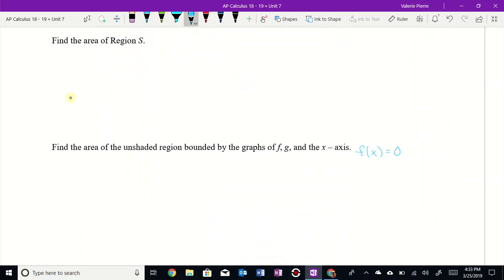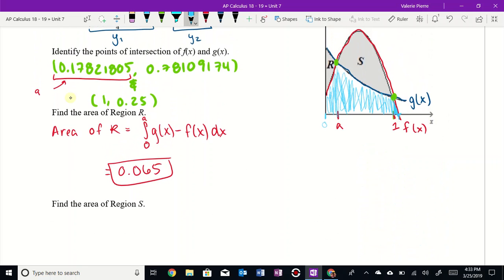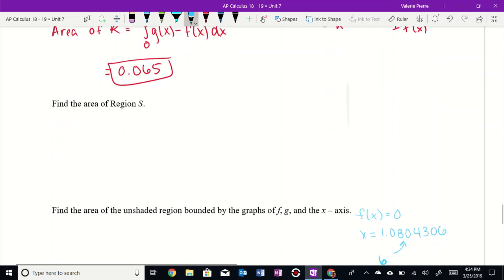So in my calculator, I looked for what that was, and it was x equals 1.0804306. So I let that be the letter B. So we have the interval from 0 to A, from A to 1, and from 1 to B.